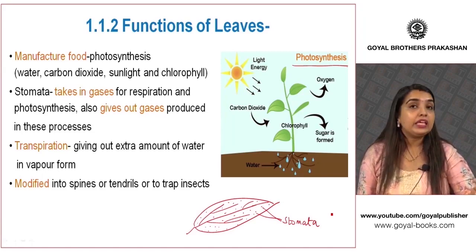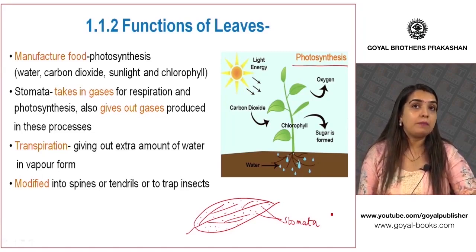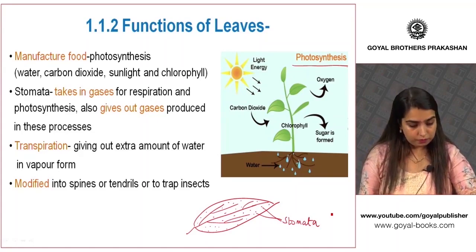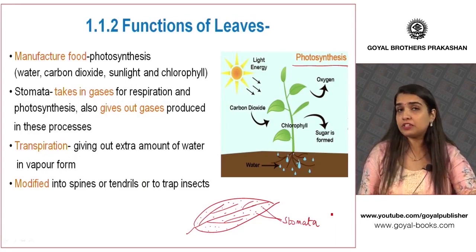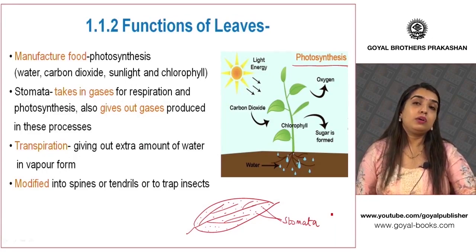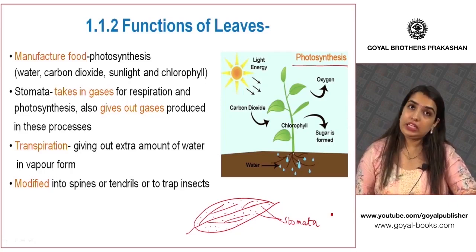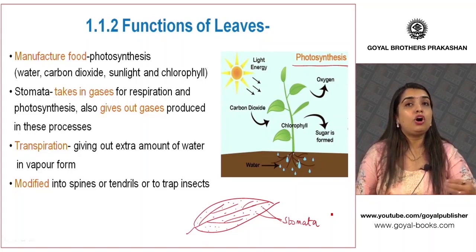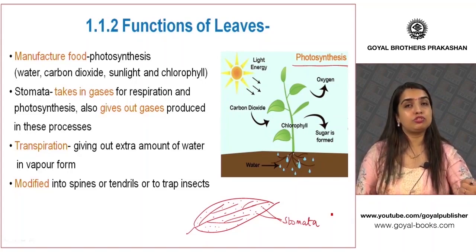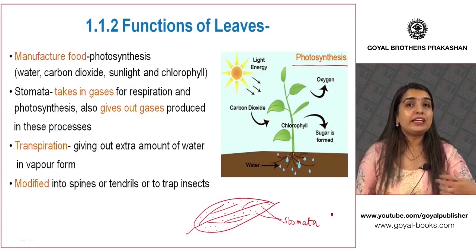That means giving out excessive amount of water in water vapor form. And last function is that many a times there are modifications in leaves, and they are modified in certain manner or in such a way that the plants can adapt themselves to their surrounding and can flourish.